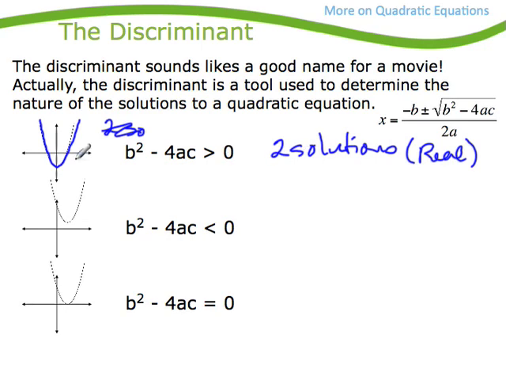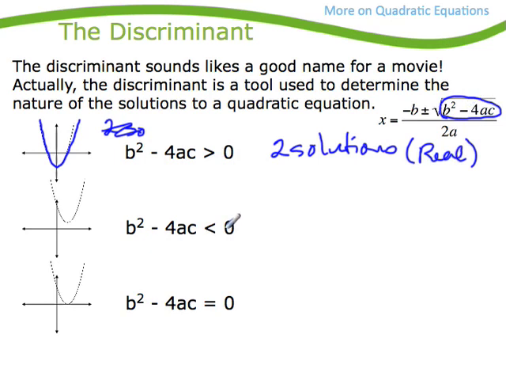I know this happens if, when I'm looking at the quadratic formula, whatever is underneath the square root sign is positive. Now, if it's negative, taking the square root of a negative, on the real numbers there would be no answer.